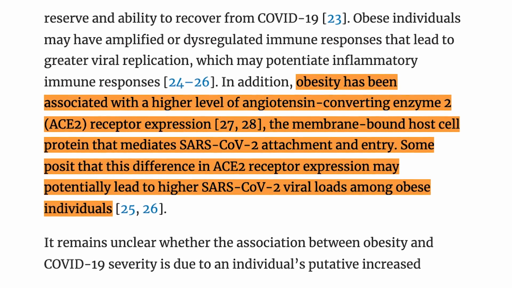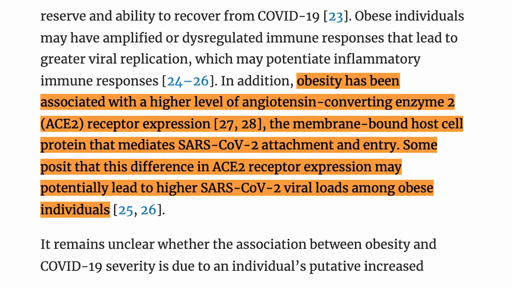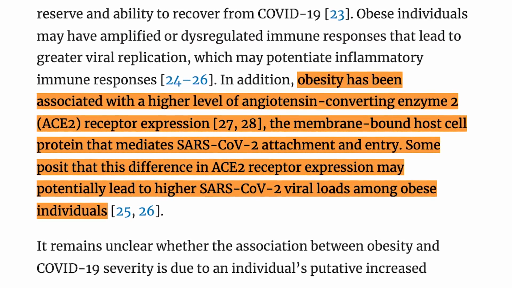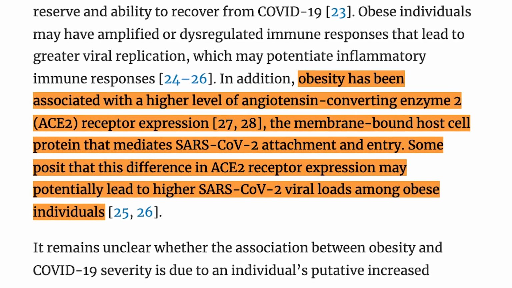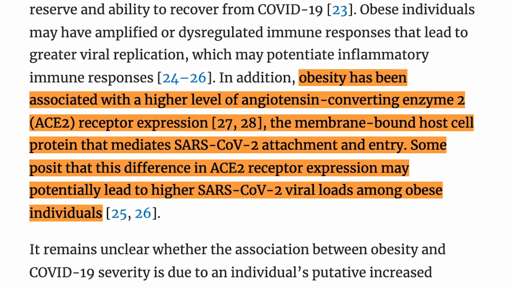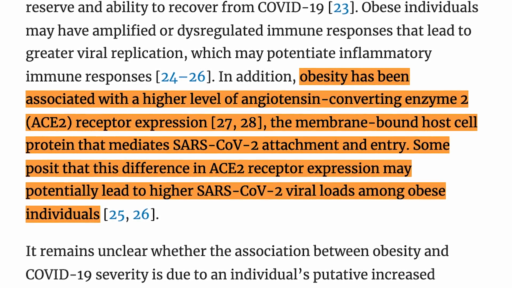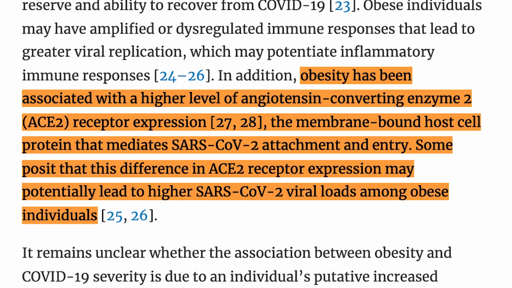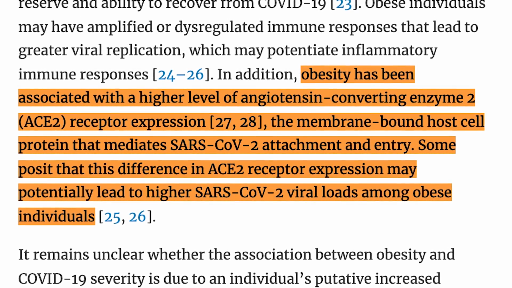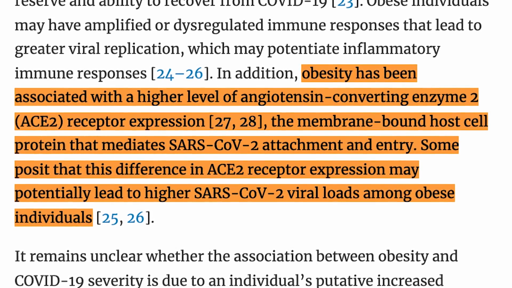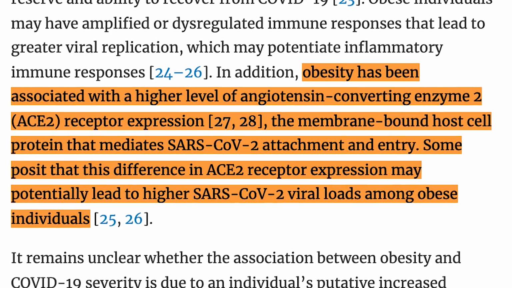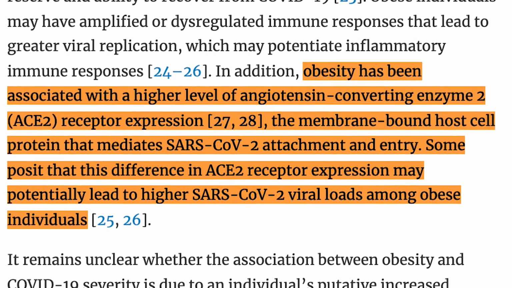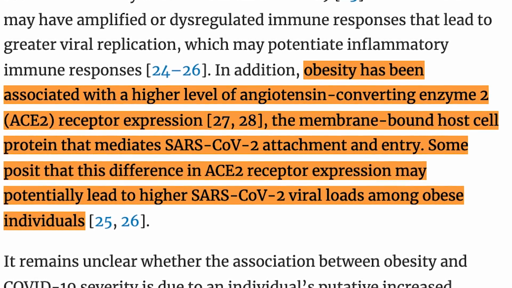And the researchers stated, quote, obesity has been associated with a higher level of ACE2 receptor expression, the membrane-bound host cell protein that mediates SARS-CoV-2 attachment and entry into the cells. Some posit that this difference in ACE2 receptor expression may potentially lead to higher SARS-CoV-2 viral loads among obese individuals.